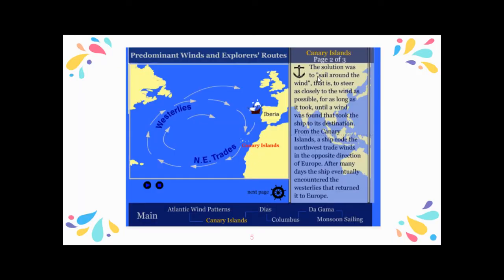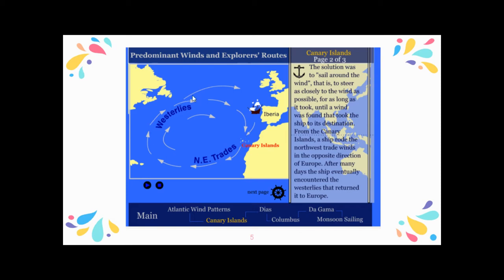The solution was to sail around the wind, that is, to steer as closely to the wind as possible for as long as it took until a wind was found that took the ship to its destination. From the Canary Islands, a ship rode the northwest trade winds in the opposite direction of Europe. After many days, the ship eventually encountered the westerlies that returned it to Europe.